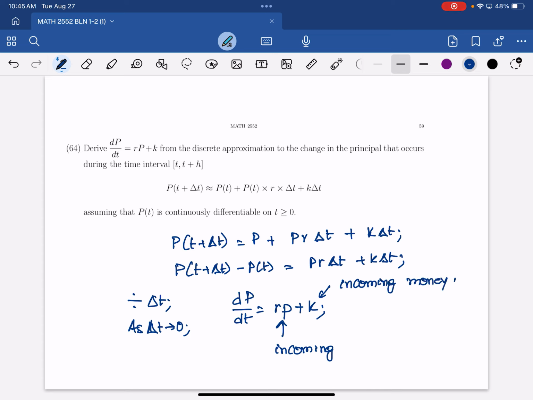And this is outgoing if you're looking at it as a loan. If K is positive, then the money is growing. If K is negative, then the principal is going to 0 with respect to time. Is that clear?